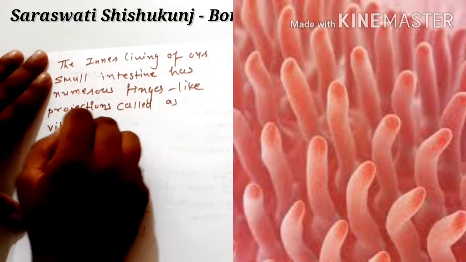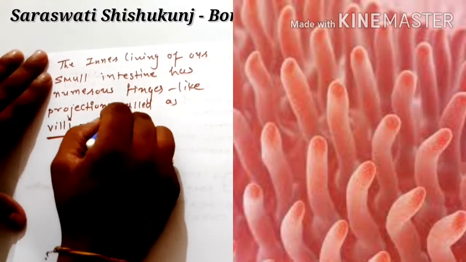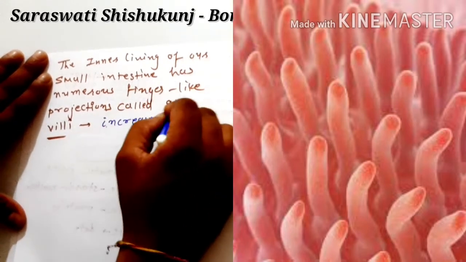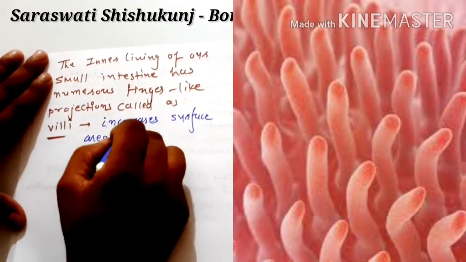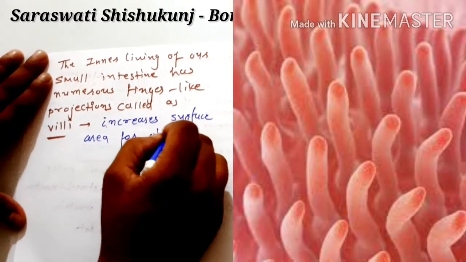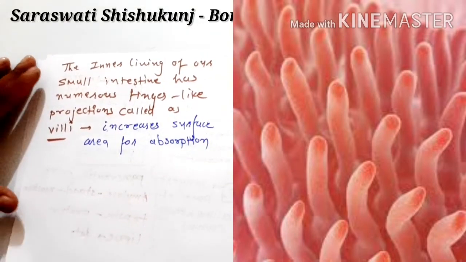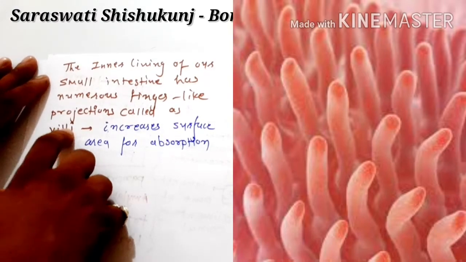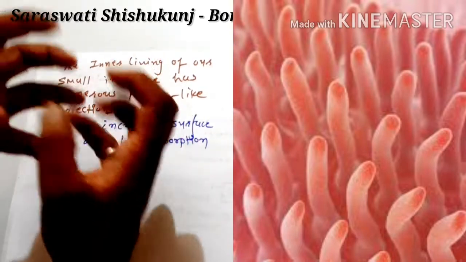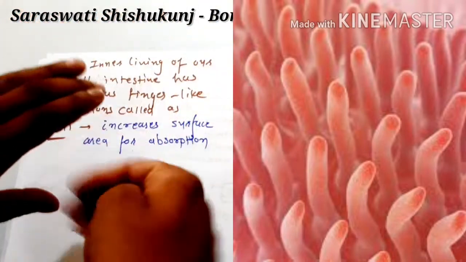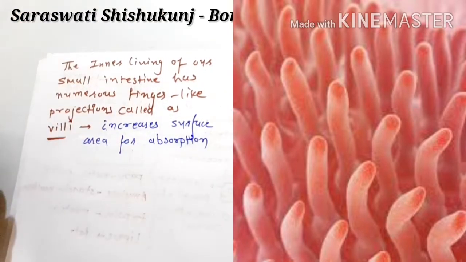This villi will be very helpful because it increases the surface area for absorption, right? So as the surface area is increased for absorption, with the help of villi the nutrients are going to get absorbed, and as they are absorbed they will be sent to the blood, and in the blood they are going to get assimilated from this small intestine food.